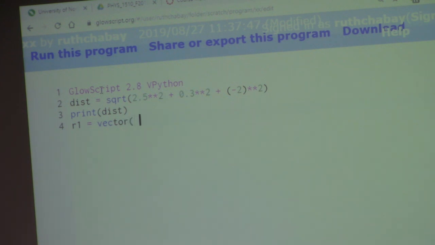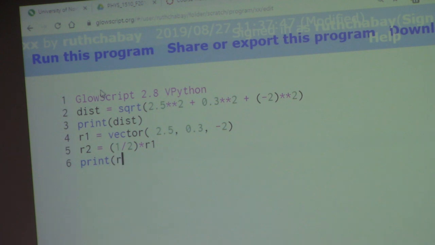That's our original vector: 2.5, 0.3, negative 2. R2 is going to be 1/2 times R1, so scalar multiplication.